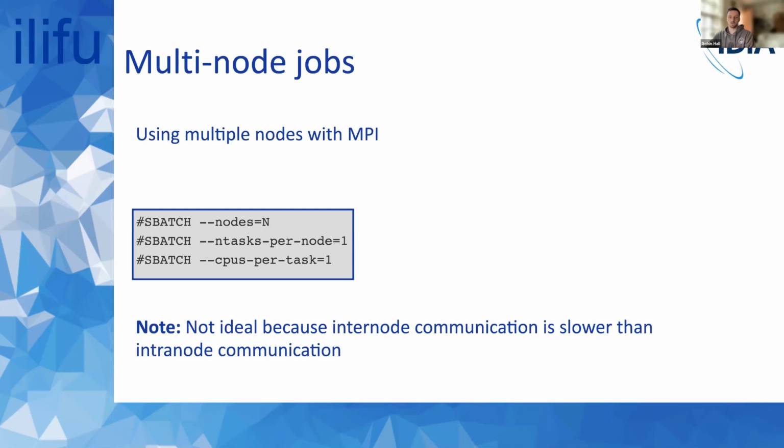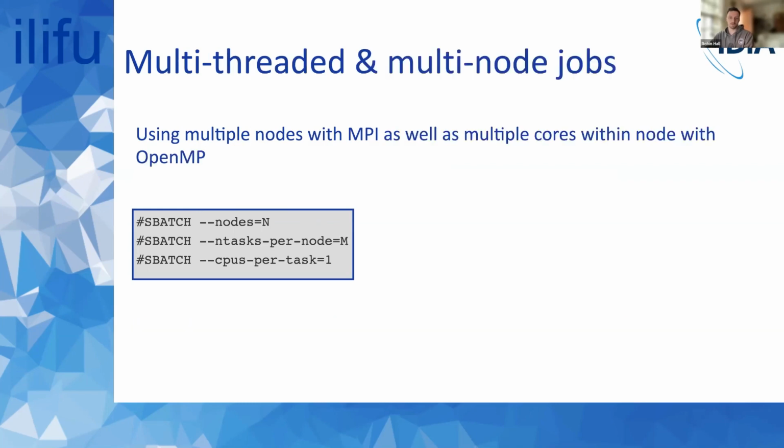You wouldn't want to do this instead of using multiple CPUs or tasks within a node, though, because generally communication between nodes is slower than communication within a node. And also more nodes equals a larger job, which is going to affect your job's wait time. So finally, putting it all together, for the most optimized processing possible, you'd want to use a combination of multiple tasks per node and multiple nodes.